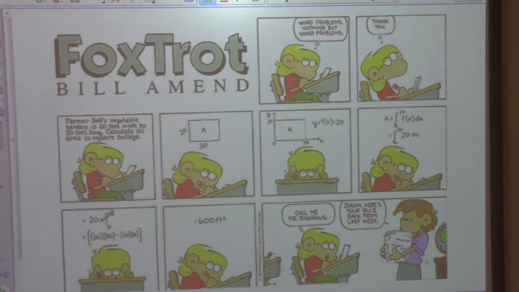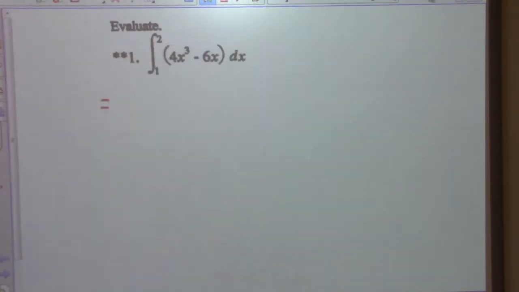And when you integrate 20 dx, you get 20x. You see this little vertical line segment with the 0 at the bottom and the 30 at the top? That's what we're going to do. It's going to look very much like this. So let's go back to our real problem that we're working on.